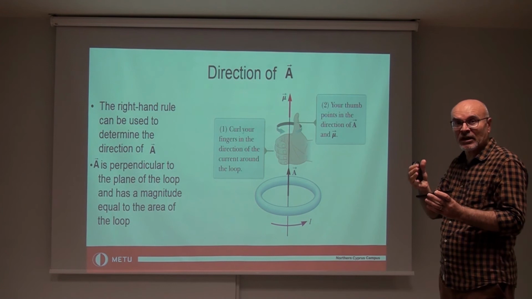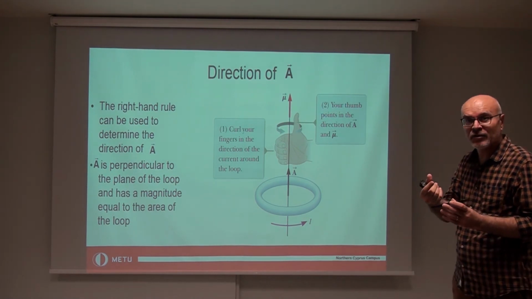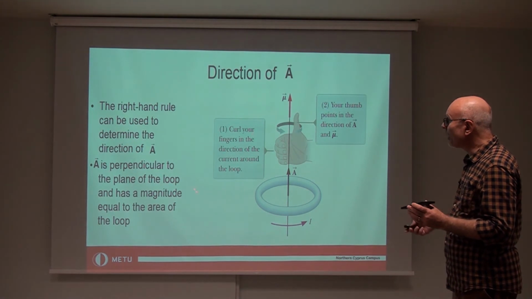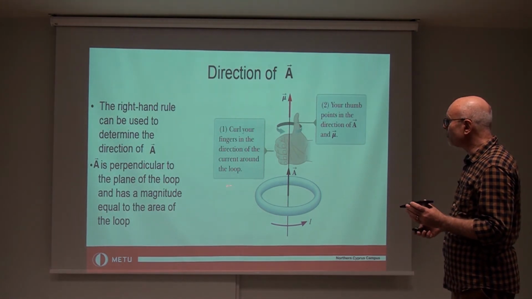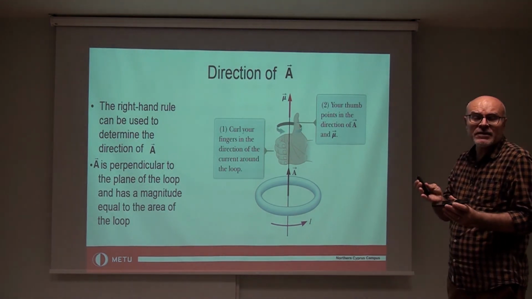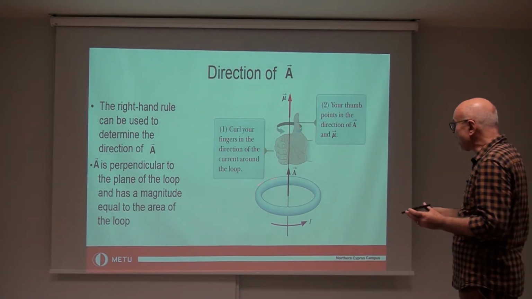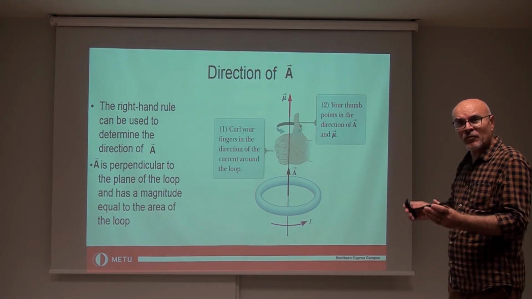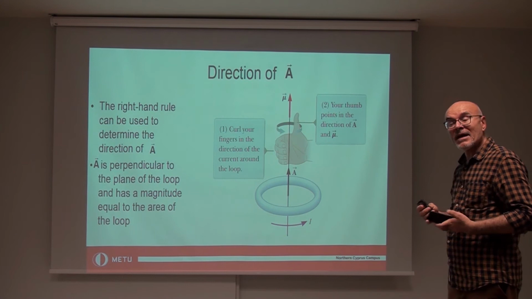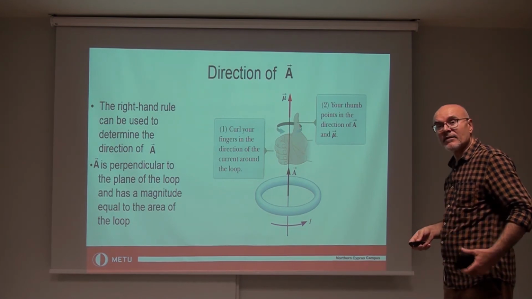So it's not arbitrary. It is actually governed by the direction of the current. It's normal, given by the right-hand rule, and its magnitude is equal to the area. So it's a vector which is normal to the area, but its modulus is equal to the area of that loop.